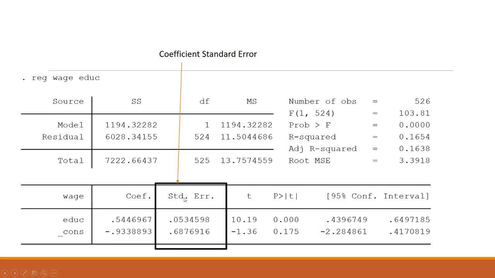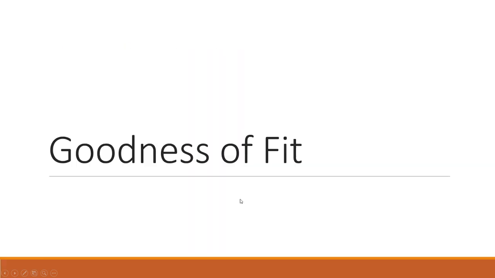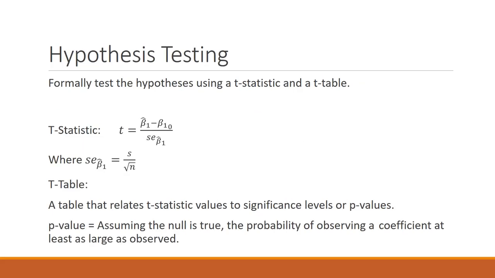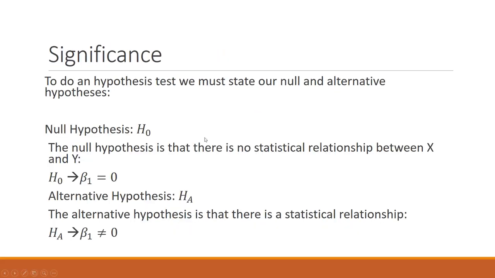All right, let's go up and remind ourselves. If we want to do a hypothesis test, we state a null hypothesis: that beta 1 equals 0. Our alternative is that beta 1 does not equal 0.